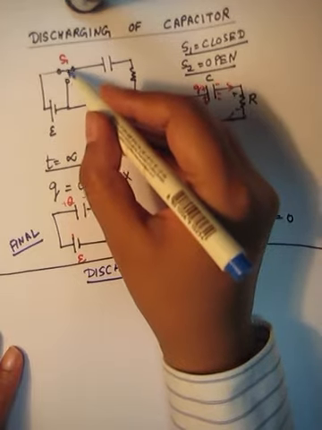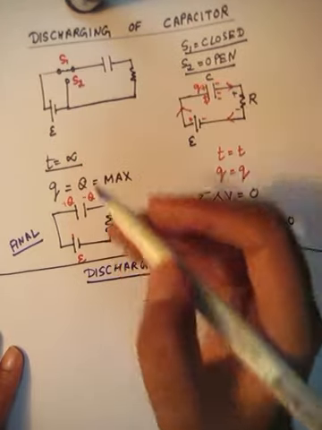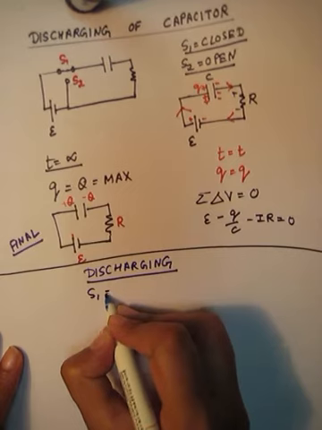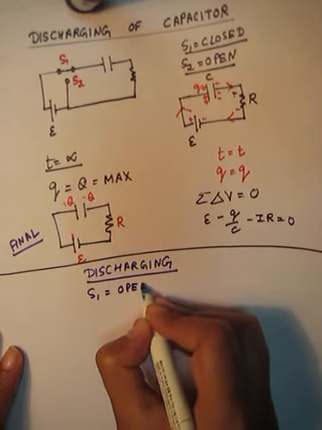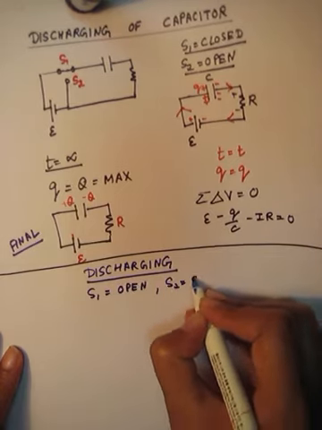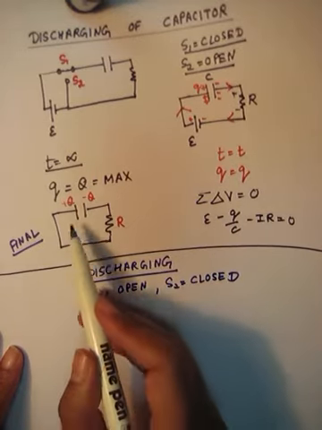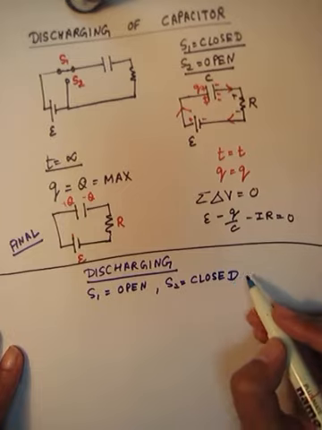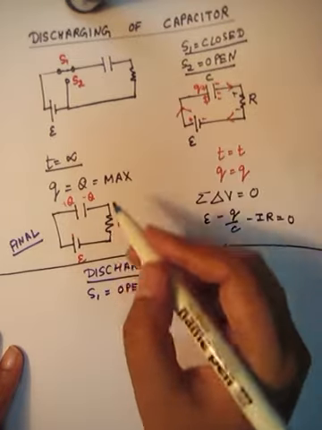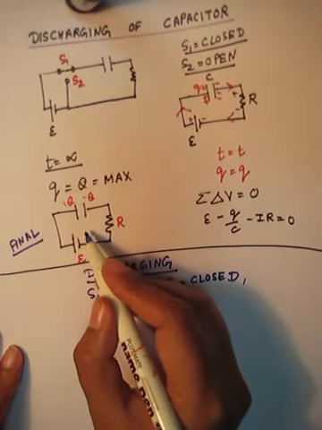Now for discharging, in this circuit, S1 is open and S2 will be closed. So now S1 will be open and S2 will be closed. So when S2 is closed, and this is happening at infinite time when the capacitor has charged to the maximum.